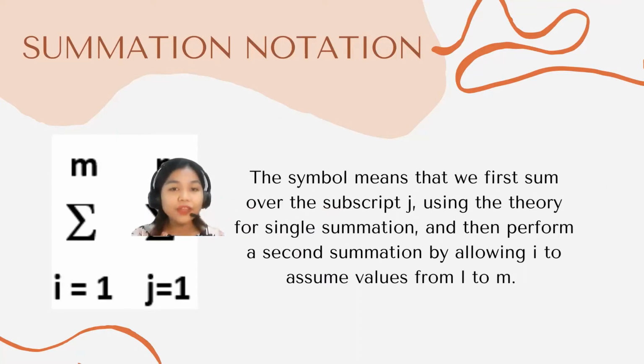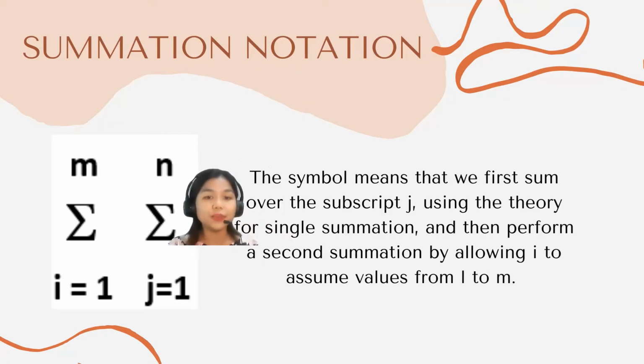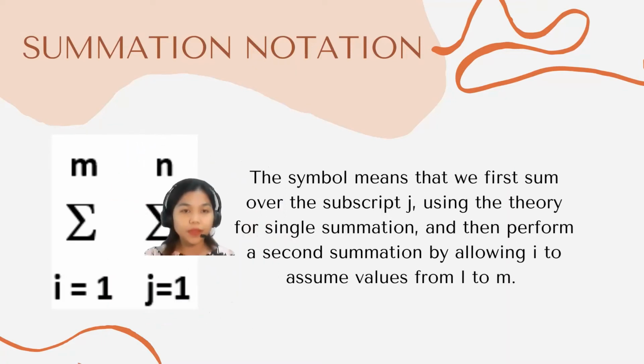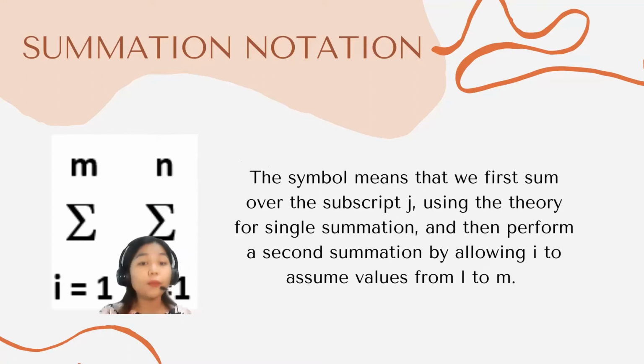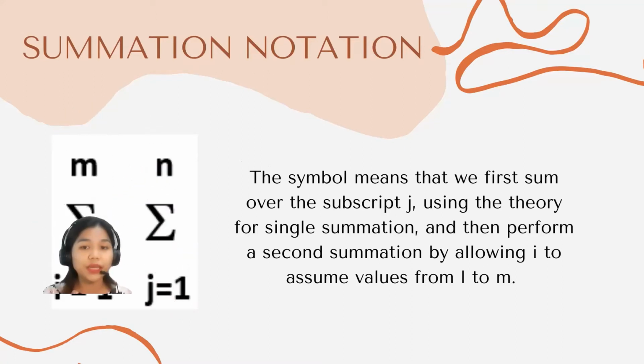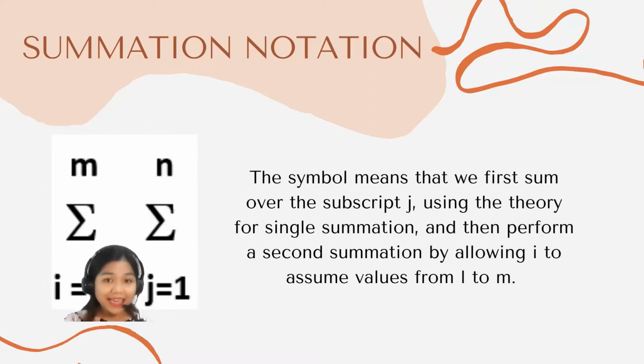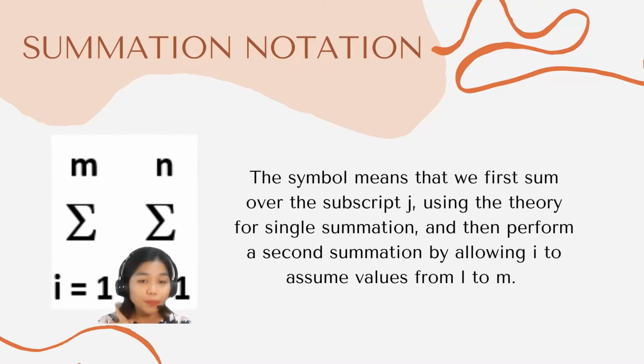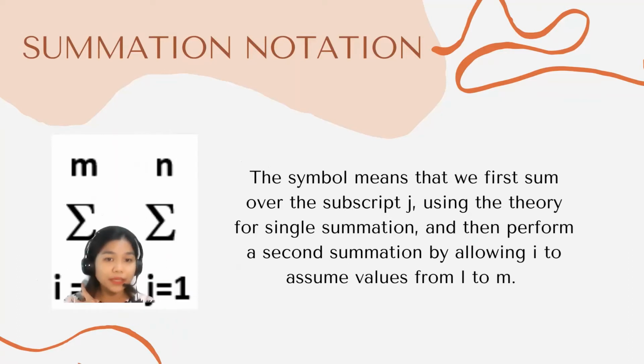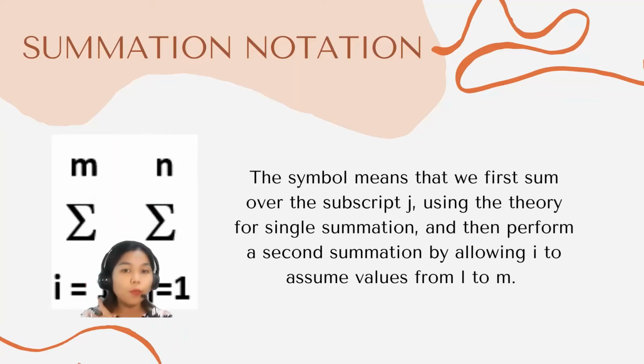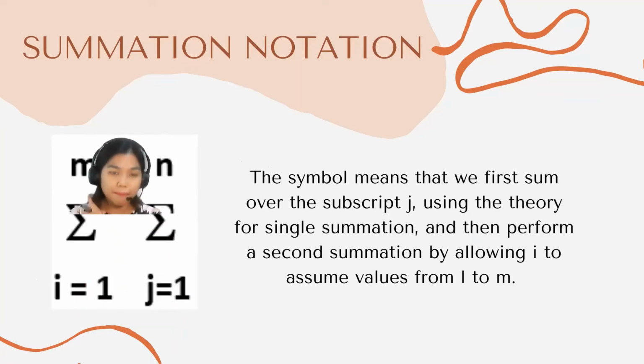And then after getting the summation of this notation, we perform the second summation by allowing I to assume values from 1 to M. Okay? I hope that's clear with you.